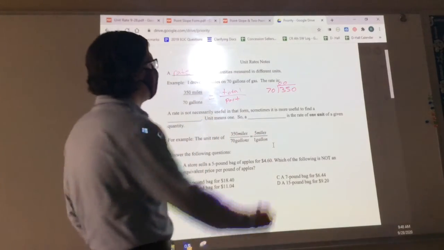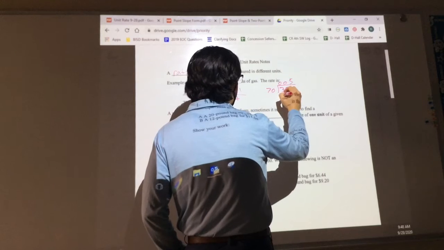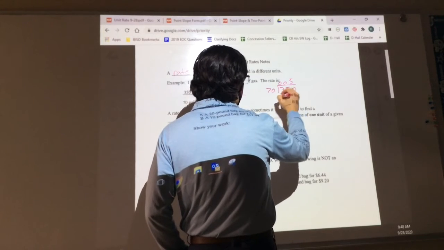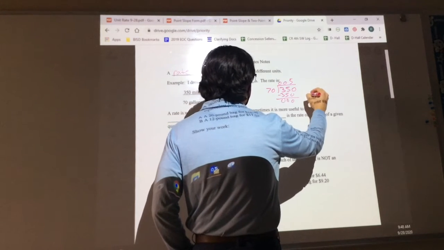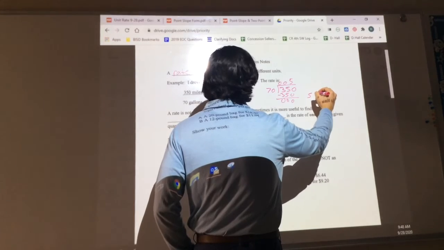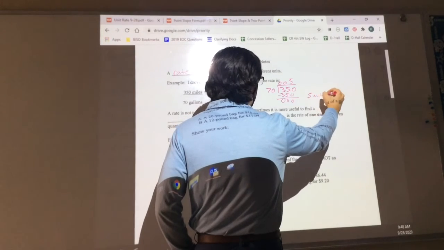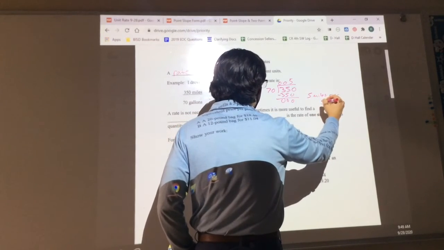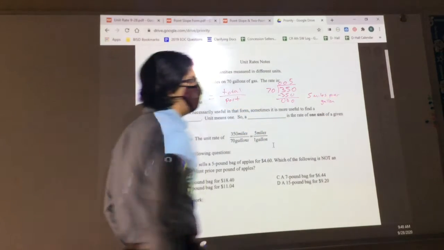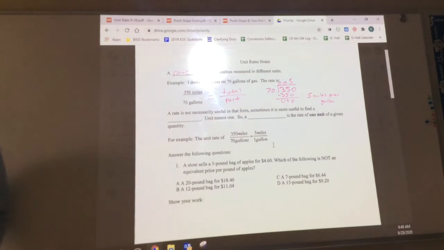Yeah, I agree it's going to be 5. So what this tells me is that I got 5 miles per gallon. The rate, or the amount per, for every single gallon was 5. Can we agree with that?